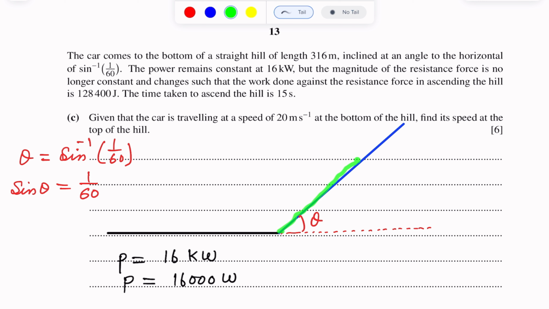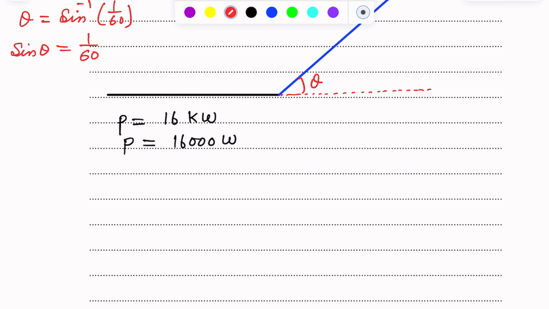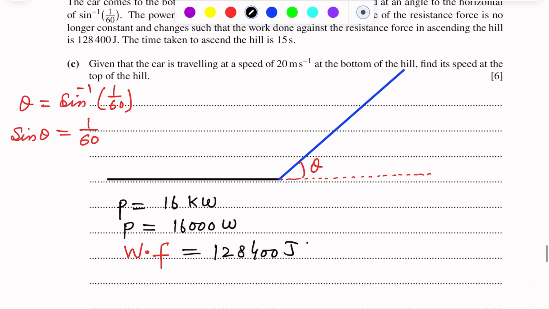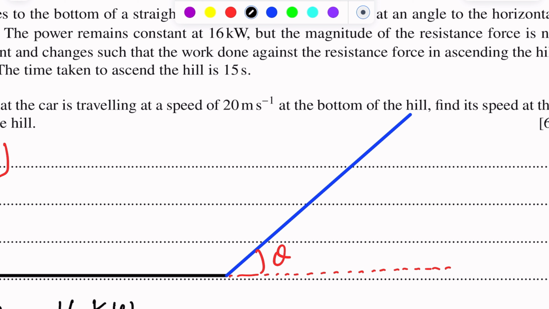During the motion of the car along the inclined plane, we will use the short form WF for work against friction. This is given: 128,400 joule.